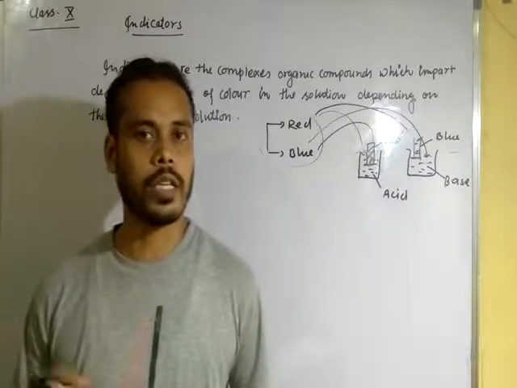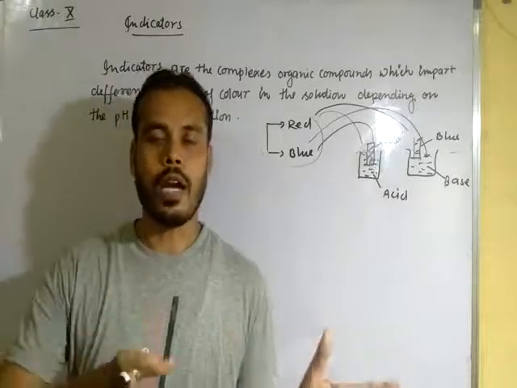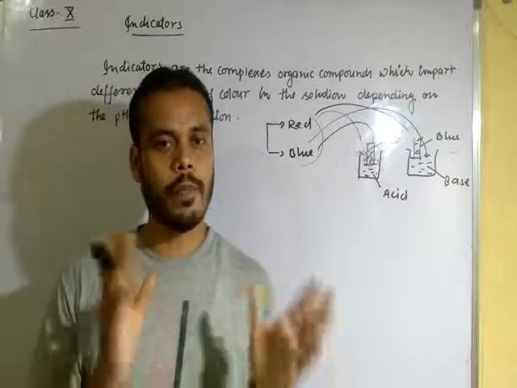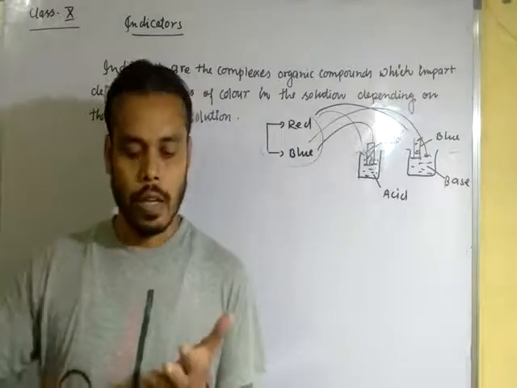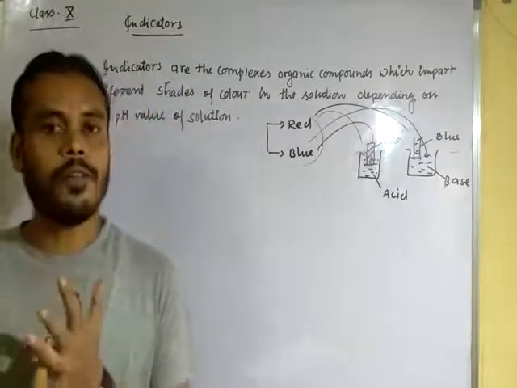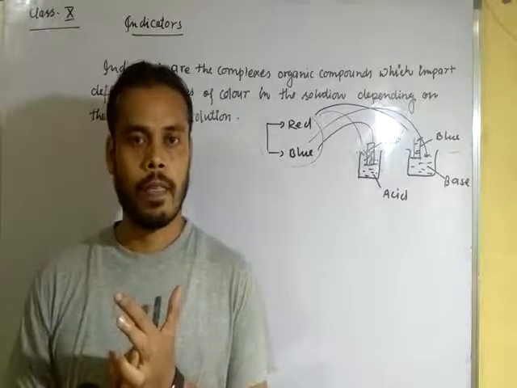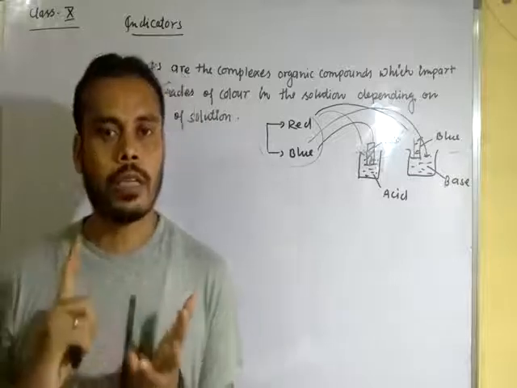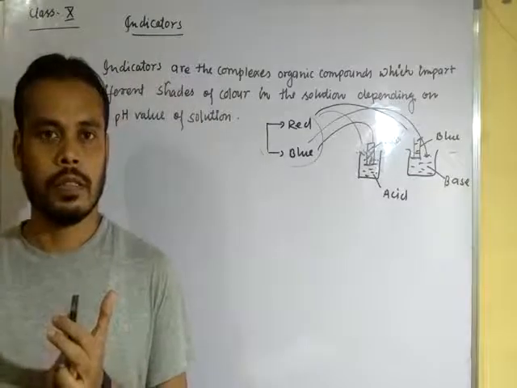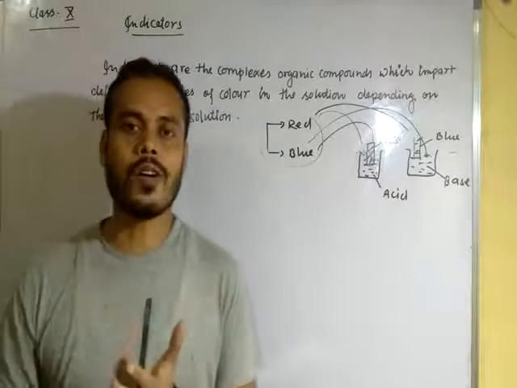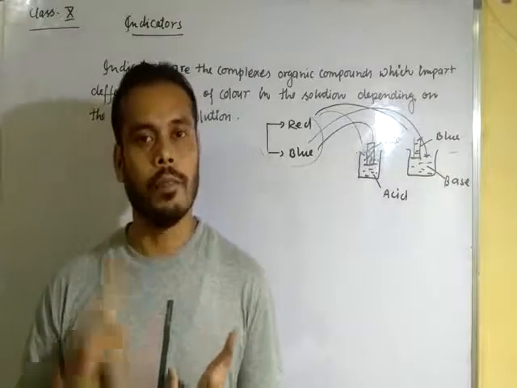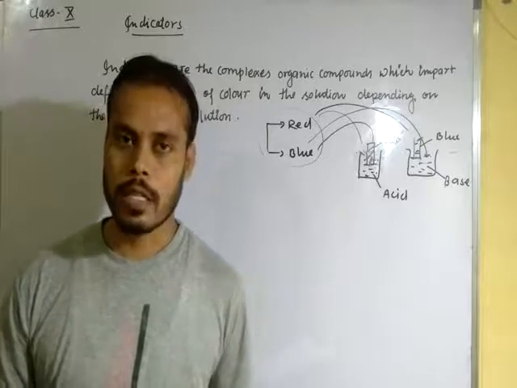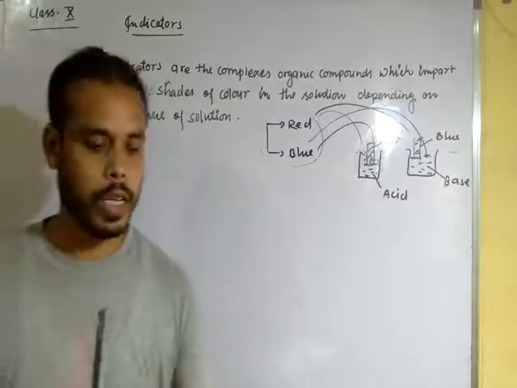When acid and base react, the H positive ion from the acid is completely neutralized by the hydroxide ion from the base, forming water. This is called a neutralization reaction.